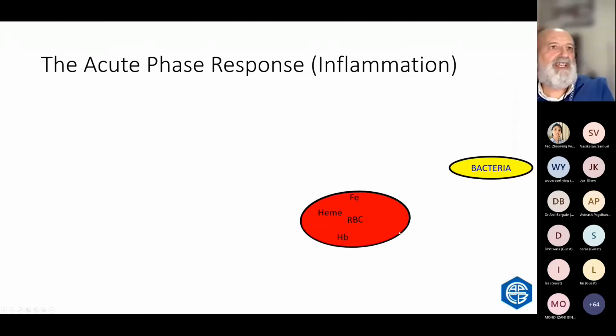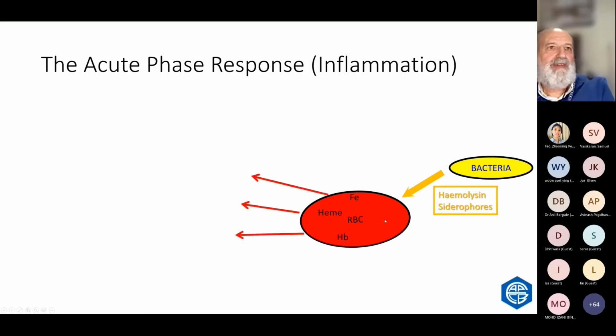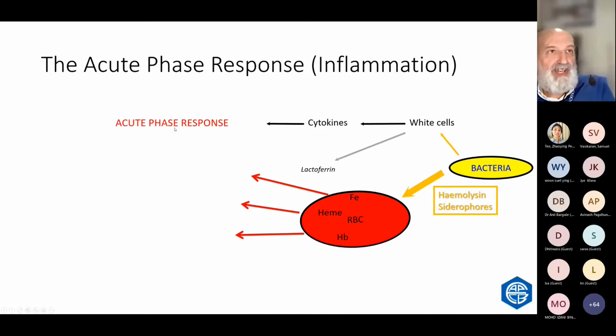So here's the mechanism. So here's the bacteria. They'll punch holes in the red cells and produce siderophores to suck the iron out of the red cells. And that'll release hemoglobin, iron, and heme into the bloodstream. But the bacteria are also detected by white cells, which will send out signals like cytokines, which will send a signal to the liver to say, we're under attack.